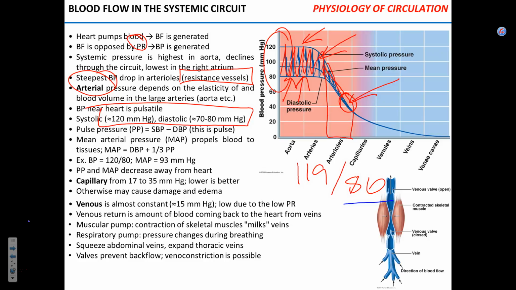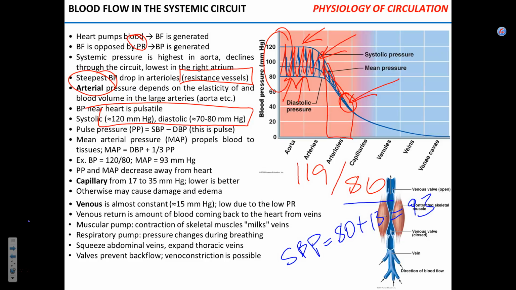What's 1/3 of 39? 13. So systemic blood pressure will be 80 plus 13, 93. Does that make sense? Just the way it is calculated in the clinic. So if you have a patient, you need to report the blood pressure. Instead of reporting 2 numbers, you report 1. That's it. Does that make sense?